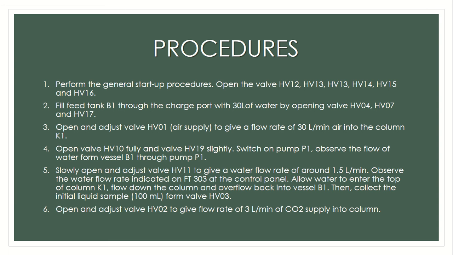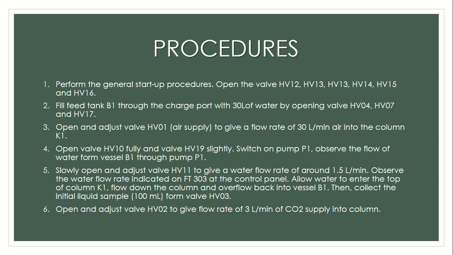Then observe the water flow rate indicated at FT03, which is what we call the flow rate indicator at the control panel. Next, allow the water to enter the top of column K1, flow down the column and overflow back into vessel B1.